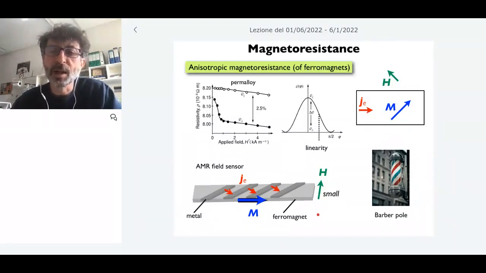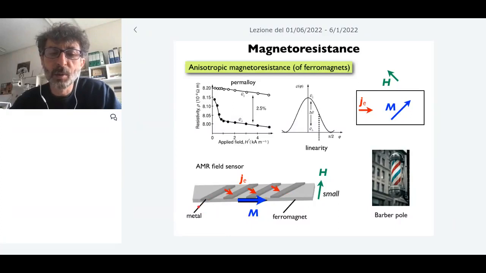Because this minimizes magnetostatics. But then, how can I have a current flow at 45 degrees with respect to the magnetization? So the trick is to put above the magnetic thin film these slides of metal that are put at 45 degrees. Then what happens if you let a current pass through this system?